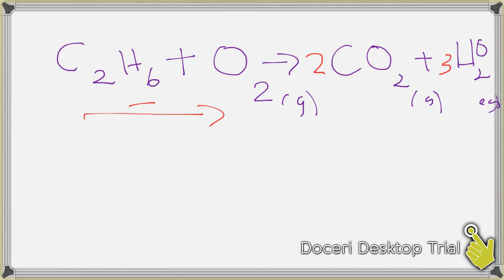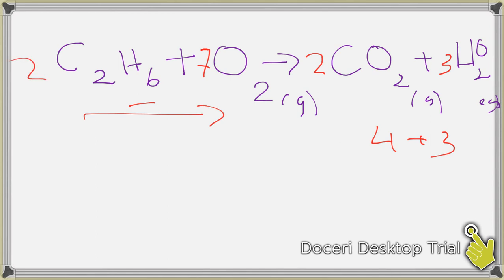Then I look at how many oxygens I have. 2 into 2 is 4, and the 3 related to hydrogen also gives oxygen, 4 plus 3, 7. So I write a 7 here, but then I multiply the whole equation by 2.